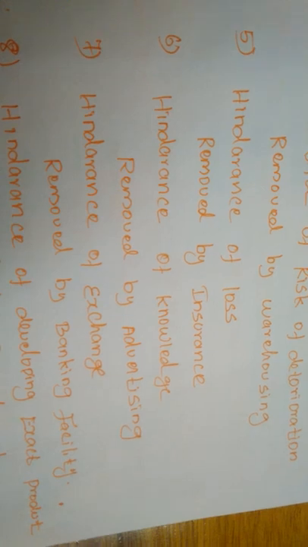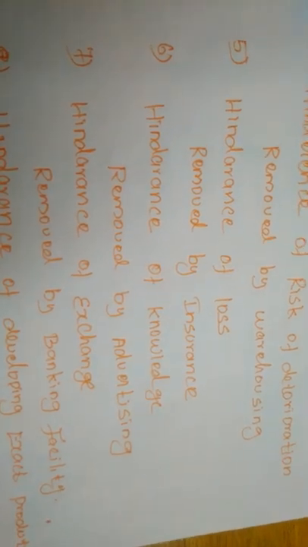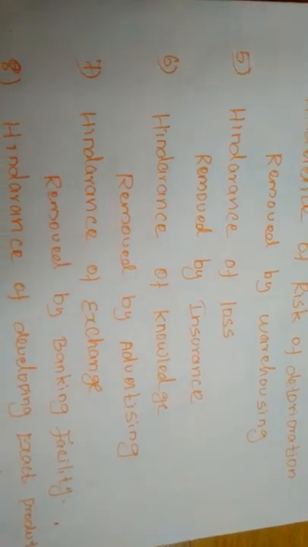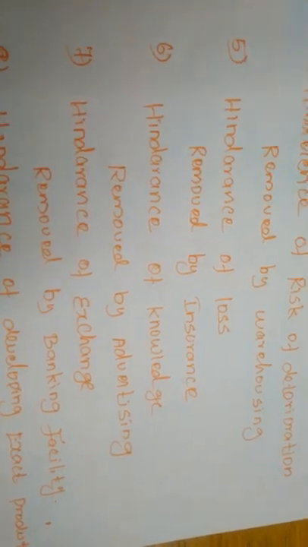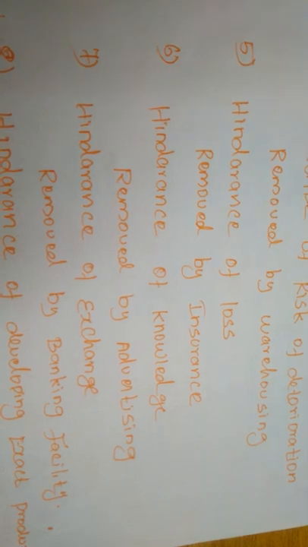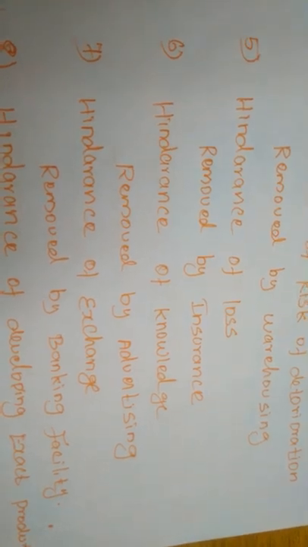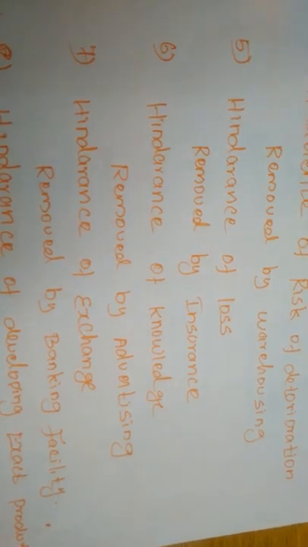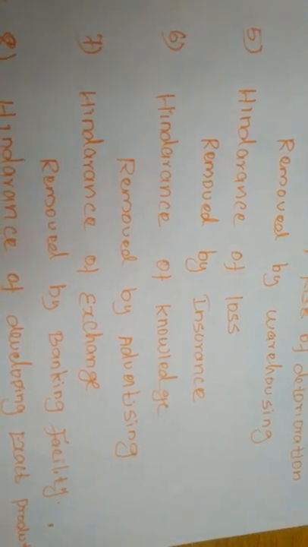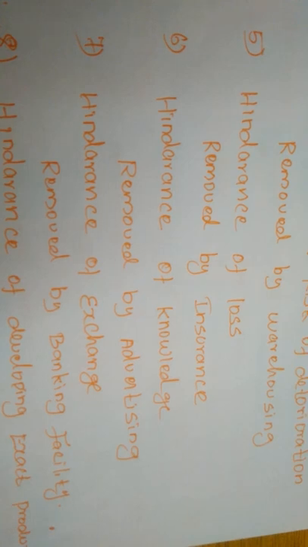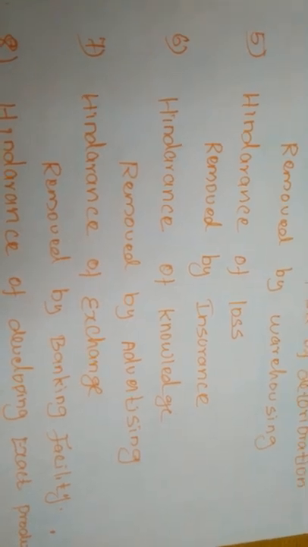That is called hindrance of knowledge. Because once the producer has produced, his duty is over. Some channels of distribution, some middlemen, will distribute the commodities to the hands of the consumer.